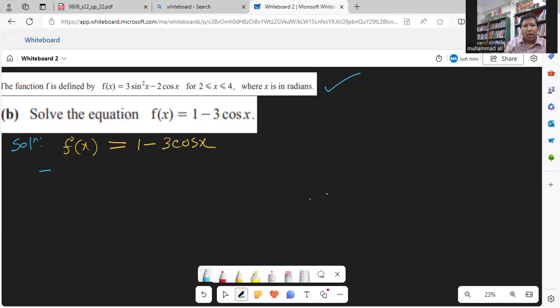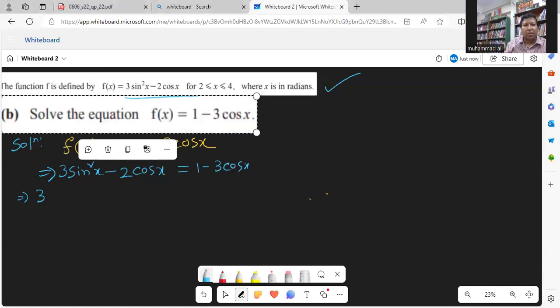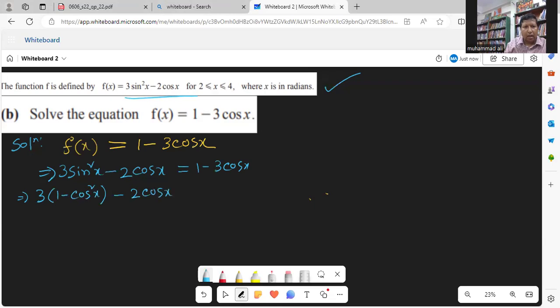So the f(x) value is here, 3 sin² x − 2 cos x = 1 − 3 cos x. Instead of sin² x we can write 1 − cos² x.